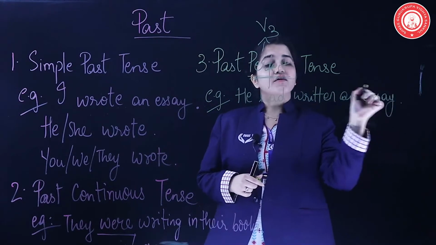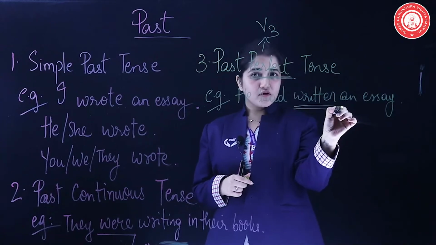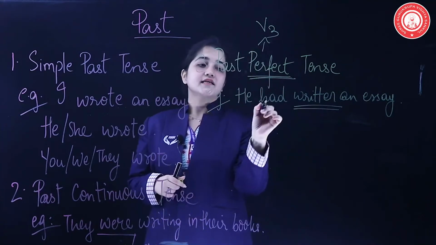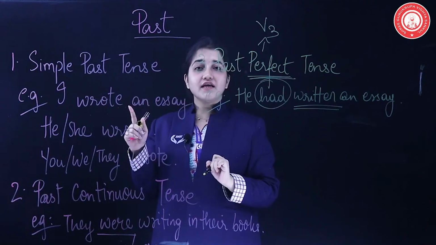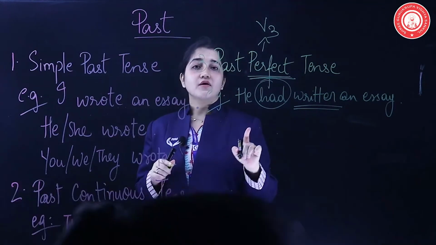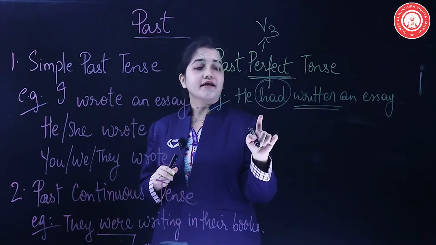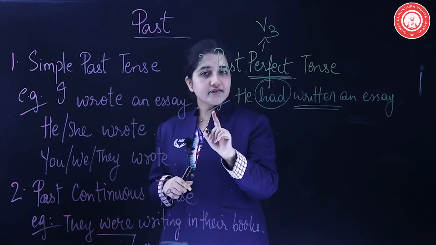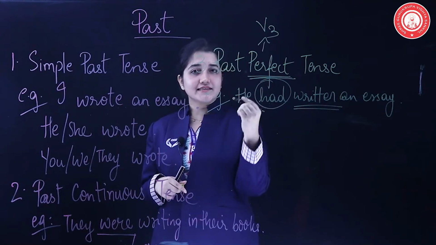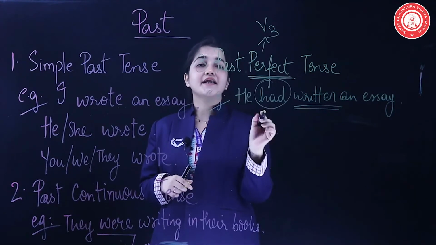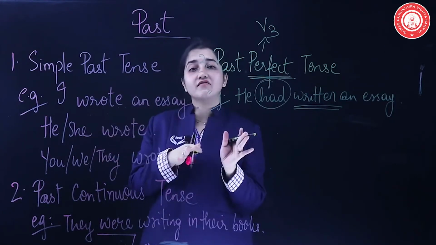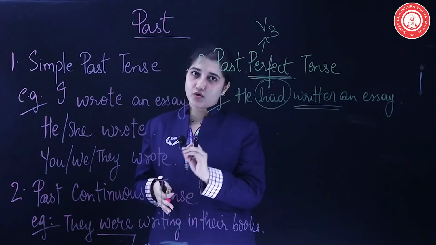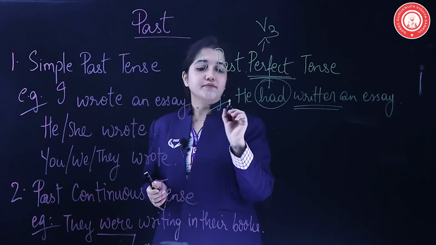Okay, so over here again we are using the third form of the verb, right? Written, plus for the helping verb we are using had. In the present tense we had used has or have, but over here we are using had. This will remain same for all the subjects, whether they are singular or plural, we are going to use had. No confusion like in the present tense, whether we have to use has for singular or have for plural. Here, whether the subject is singular or plural, we will be using had.